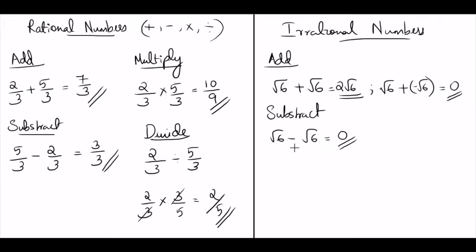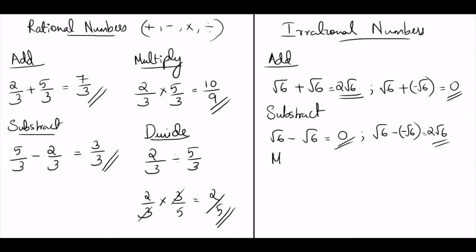Now when you subtract minus root 6 from root 6, you get root 6 plus root 6, which is 2 root 6. It's the same as with variables: when you have x and 2x, you can add the coefficients. Similarly here, when the roots are the same, you can add the coefficients. So here we got an irrational number.